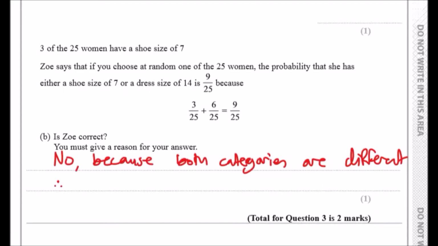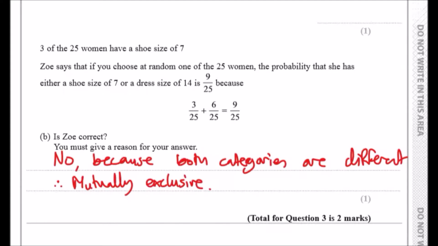So the correct term is mutually exclusive. Mutually exclusive means that they are completely away from each other. They have no relevance to each other. And this means that some of the women that have a shoe size 7 may also have a dress size of 14. So that's another thing as well, yeah? So always add as much detail as you can.